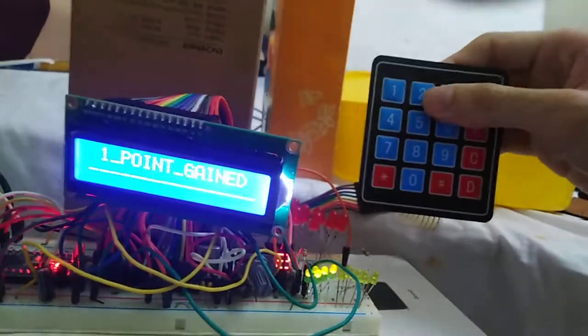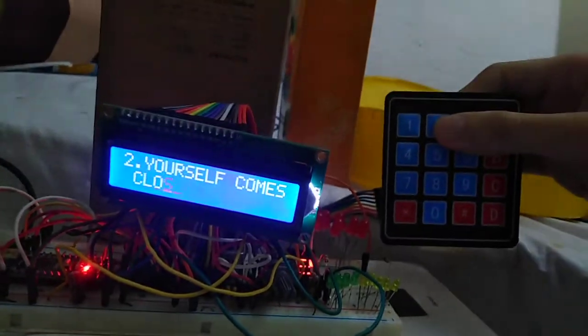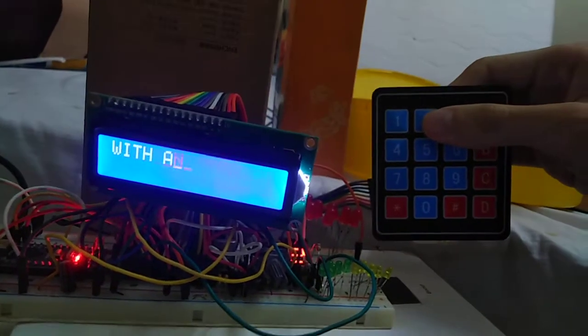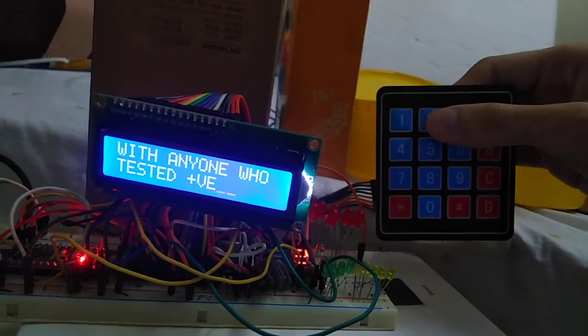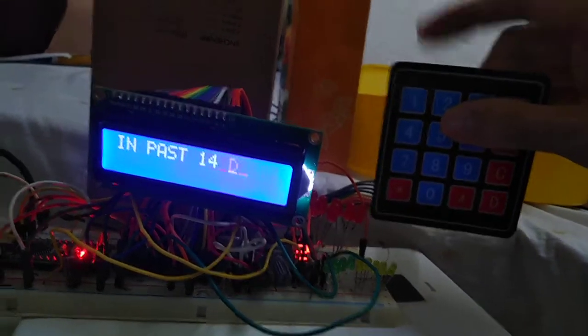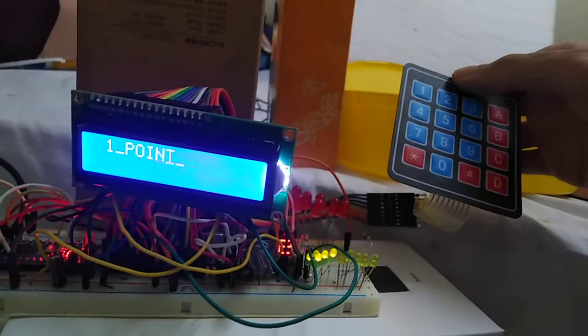So I am safe. Just now we tested already 5/7. We check for 6/7. Yourself came in close contact with anyone who tested positive COVID in the past 14 days. We check. So no. So 1 point again.